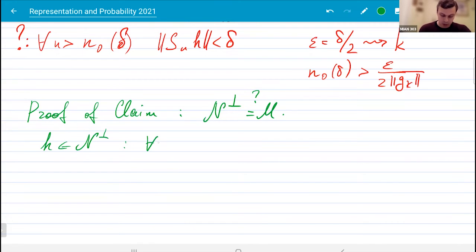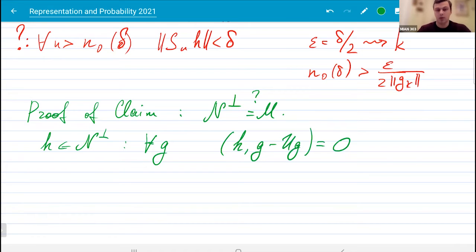This means that for any g, the scalar product of h and g minus Ug equals 0. By the way, here there is no need to consider also the limits of such elements, because the scalar product is continuous. So if this is true, then for limits we have this also.